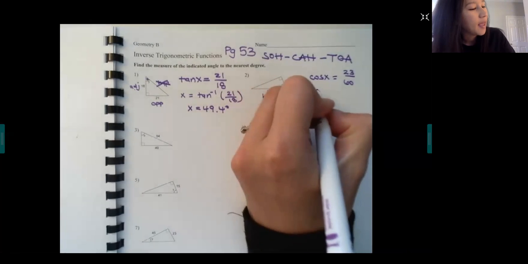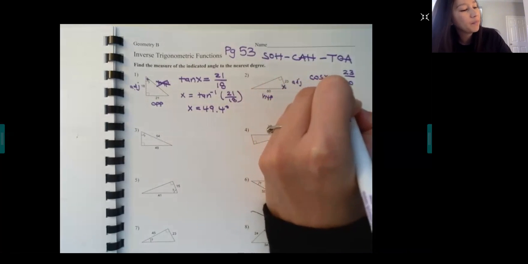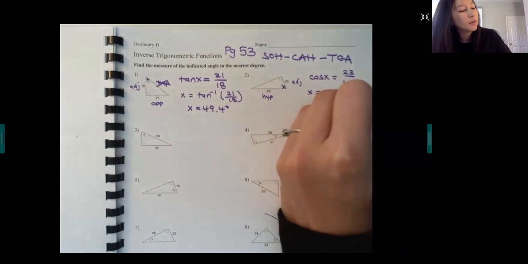Okay, and now we want to solve for X. So we need to take the inverse of cosine and our ratio.